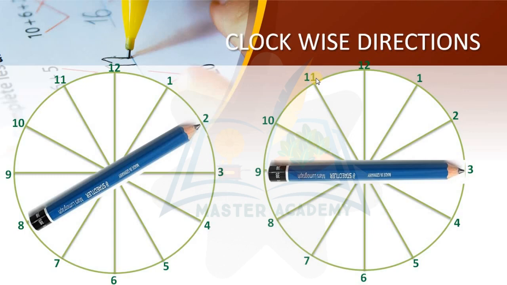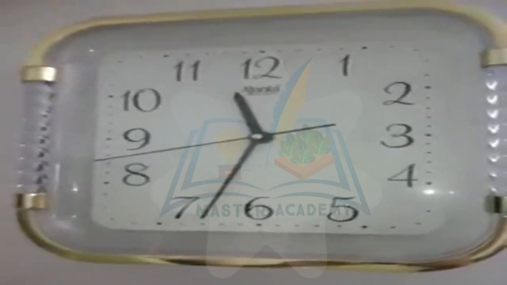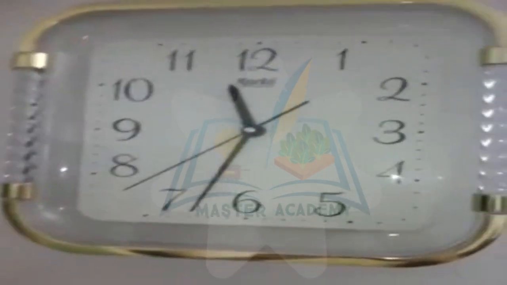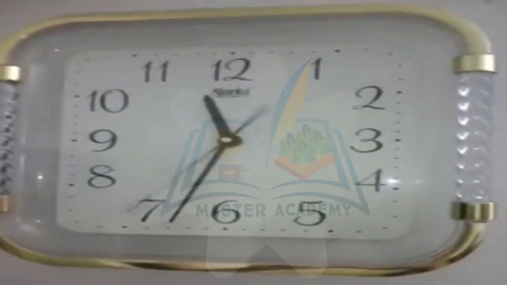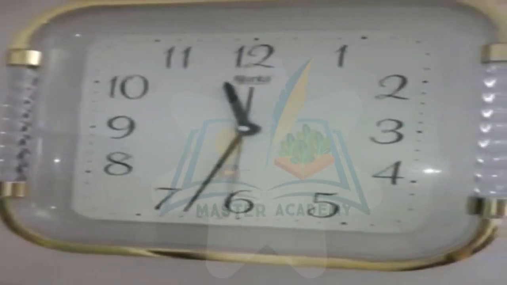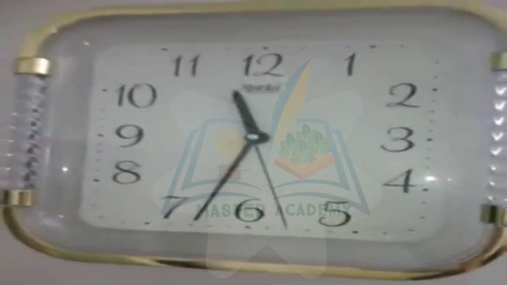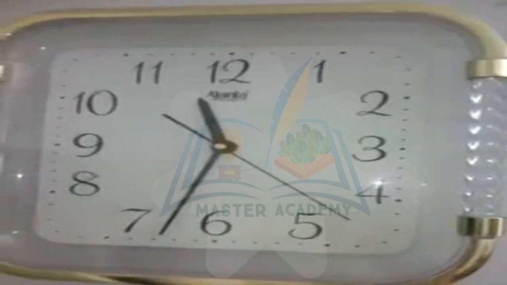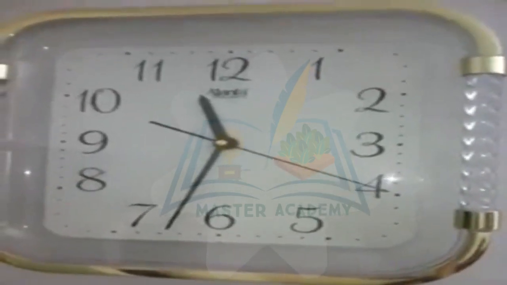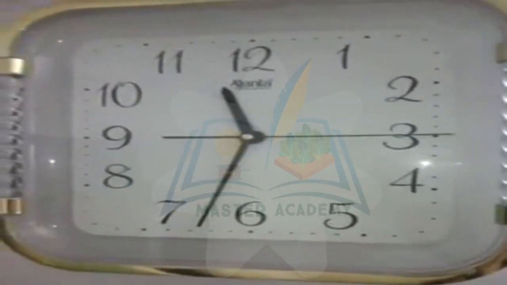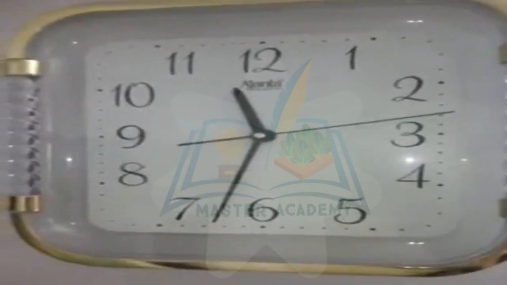Okay, first we will see the video. You can see in this video the second hand is moving 9 to 8, 8 to 7, 7 to 6, 6 to 5. You observe this clock is working in the anti-clockwise direction. Okay, so it is known as anti-clockwise direction, which you can see in this video.